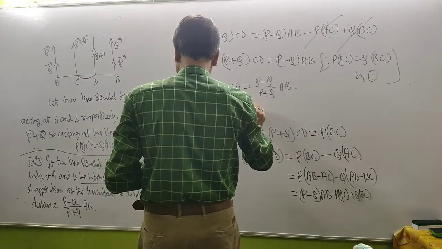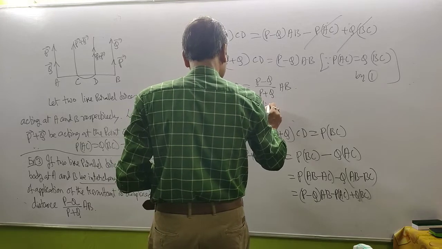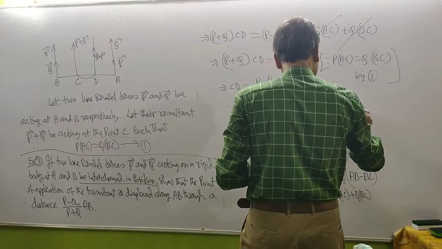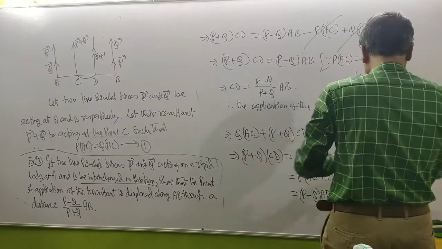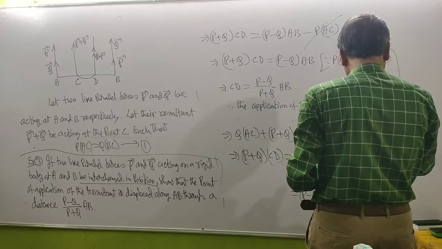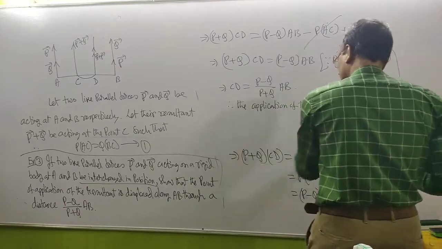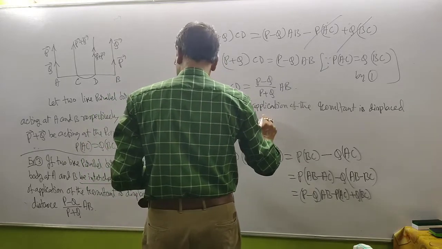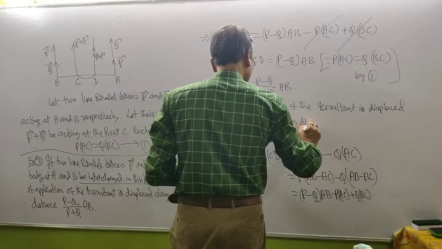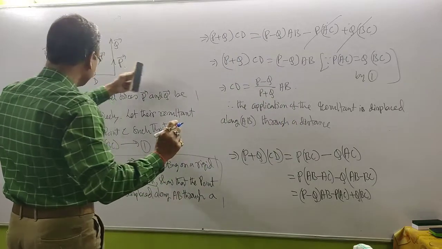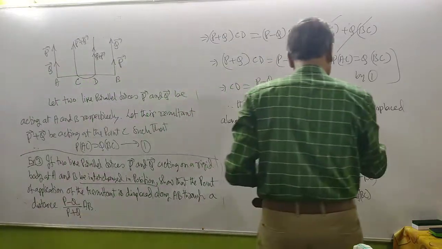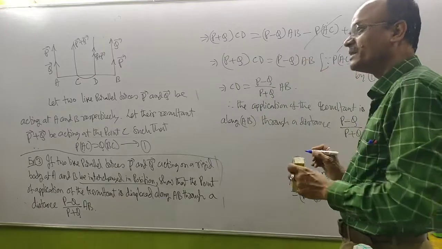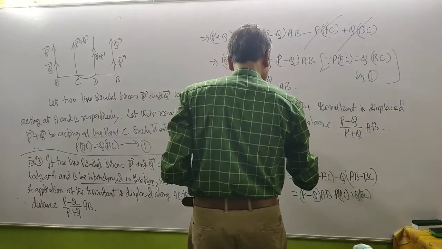Therefore, the point of application of the resultant is displaced along AB through a distance (P minus Q) divided by (P plus Q) times AB. Hence proved.